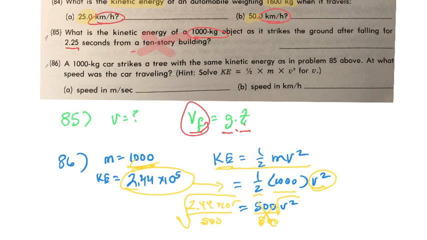Then they want you to take that answer and do it in kilometers per hour. And actually that's pretty easy because you're just going to do a conversion from meters to kilometers and from seconds to minutes, minutes to hours. So I'm going to let you finish that one. That one should be fairly easy. And that takes us up through problem 86.